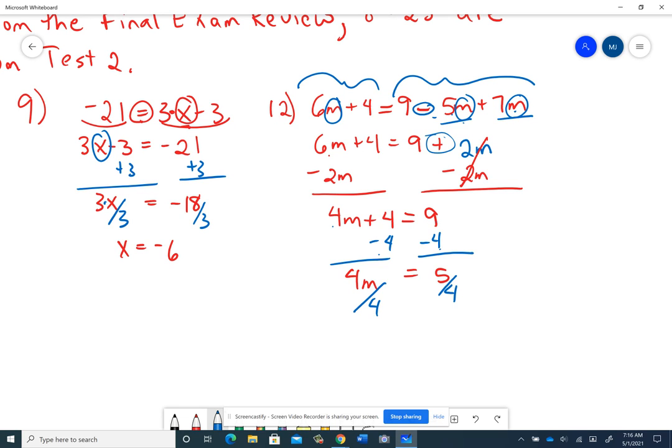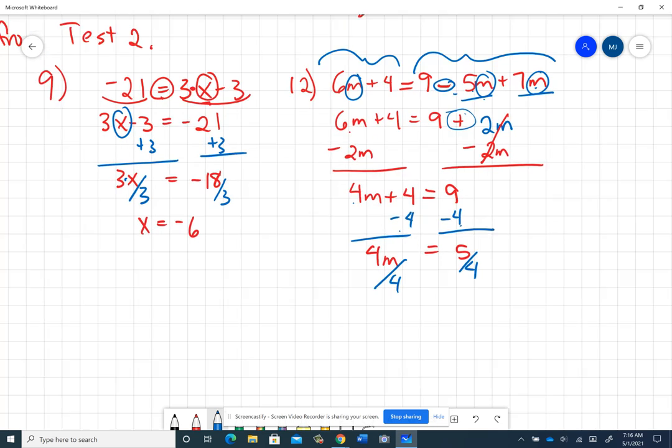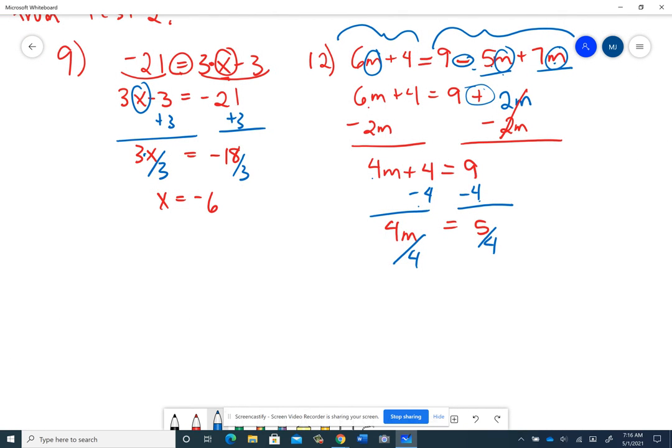Another weird thing that can happen, don't forget about distributing. So like number 13, you just have to distribute, but then it's just like 12. On number 14, something special happens.